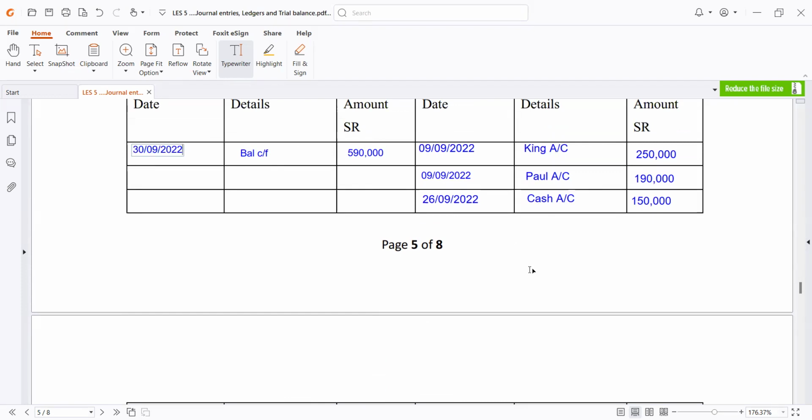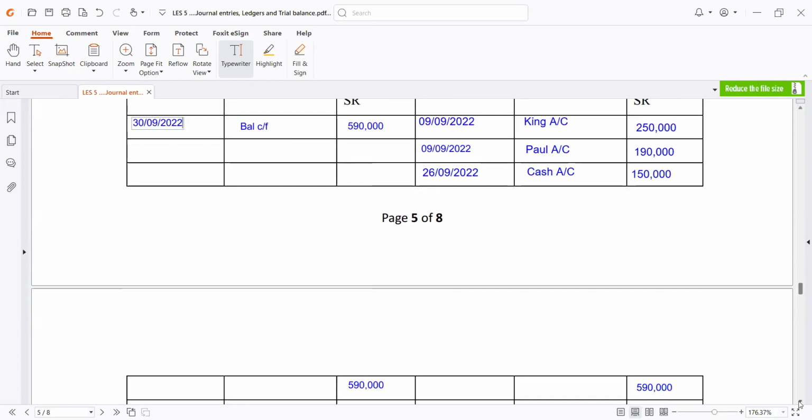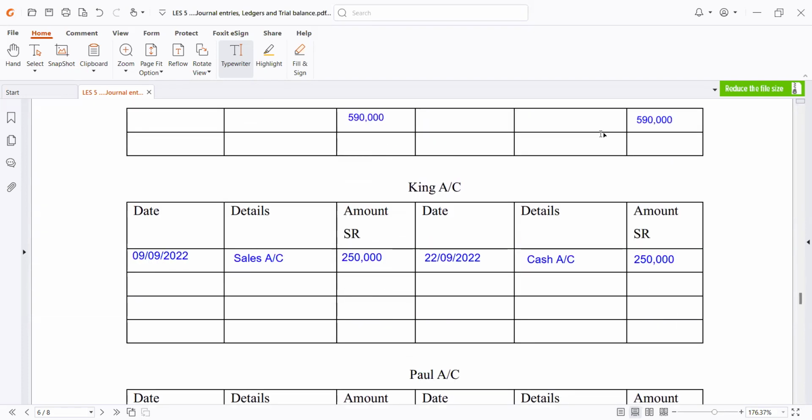It's on the debit side. So we bring it forward here, the same amount, and it will happen 1st October 2022. And you'll have 590,000. So take note of that. And here you write balance brought forward like that. So 590,000 on the credit side.